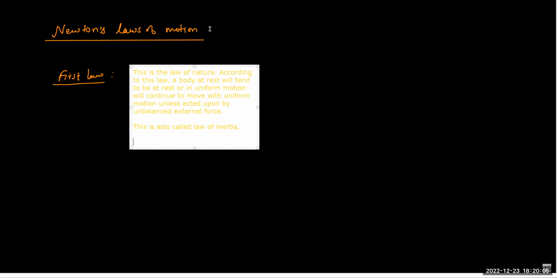So you can say this law gives the definition of inertial frame of reference. Understood? Yes.